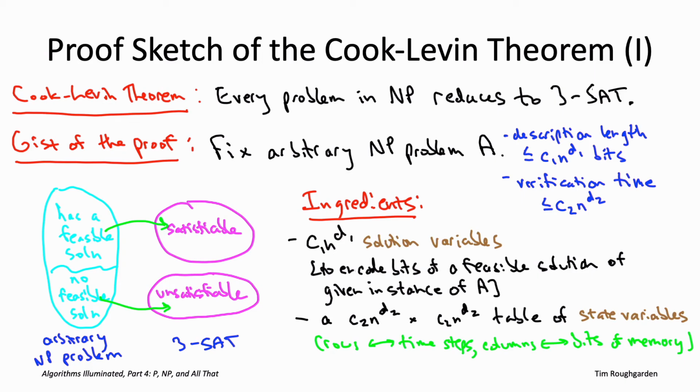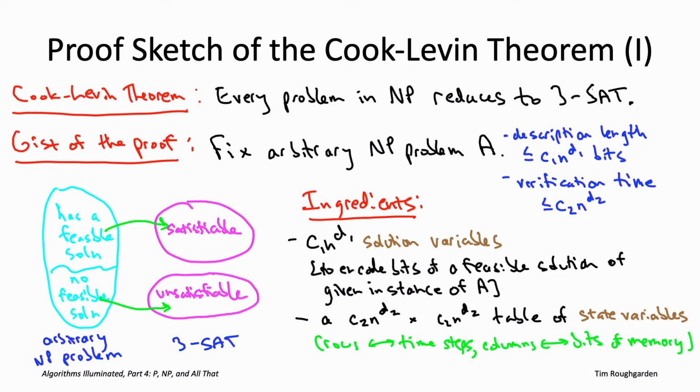I've done that deliberately because the additional details of exactly what the state variables are and exactly how you faithfully encode the entire execution of the algorithm depend on the exact details of your computational model, on your exact definition of what an algorithm is allowed to do from one time step to the next.